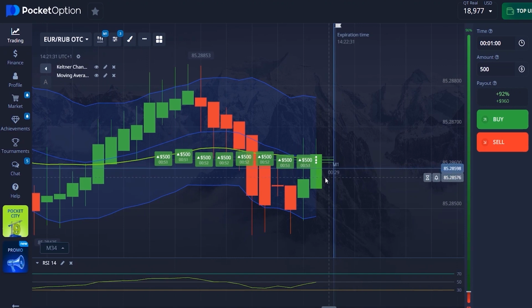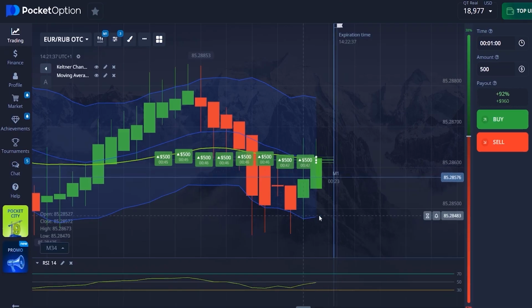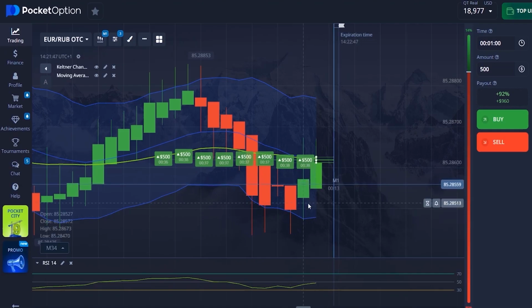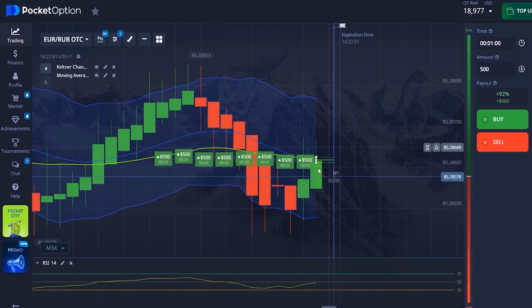So the first thing I put into consideration is the reversal of the candlestick from the lower parts of the Keltner channel. In the case of an up position, I always look out for the reversal of my candlestick from the lower parts of the Keltner channel. They have to be a stable candlestick heading towards an upside direction.